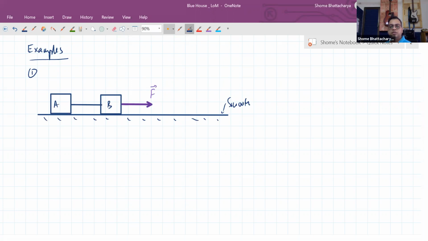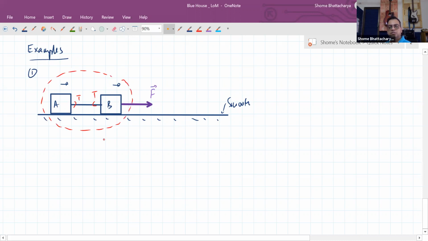So that sets off the system into motion. Now we're not concerned with solving this problem fully, but what we want to just show is that if we take this whole thing as a system, we take our system as the block A plus the block B plus the thread, then what is happening? Tension T is becoming an internal force within the system.